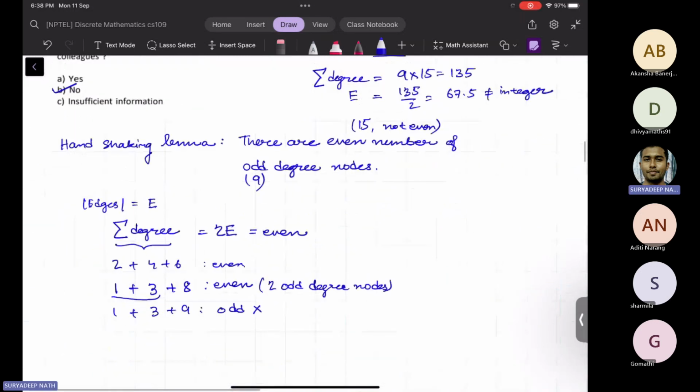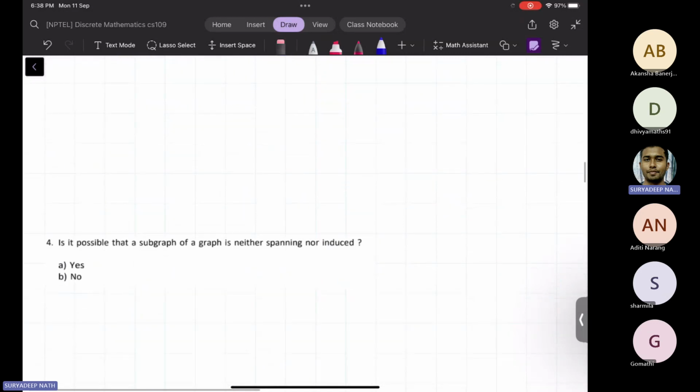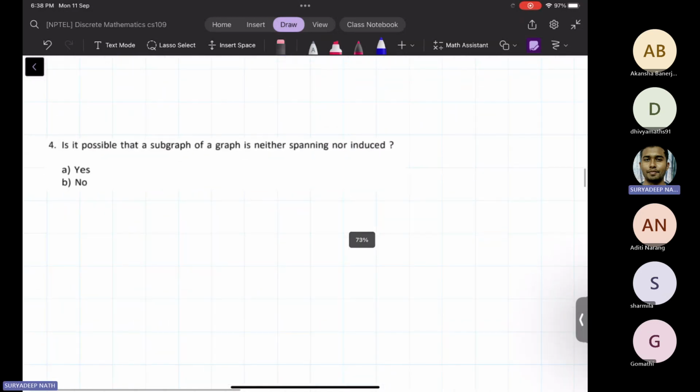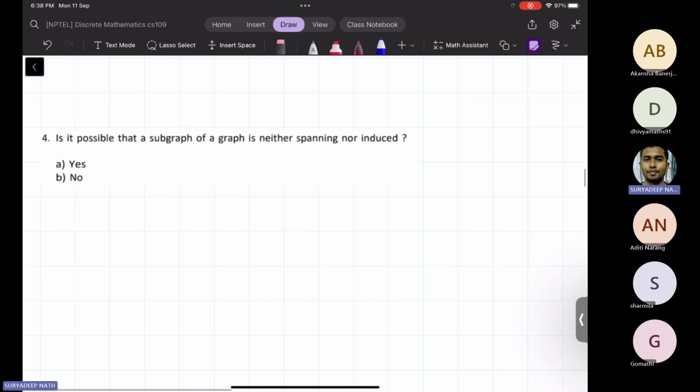All right, let us move on to the next question. Is it possible that a subgraph of a graph is neither spanning nor induced? Can anyone tell me what is meant by a spanning subgraph and an induced subgraph?